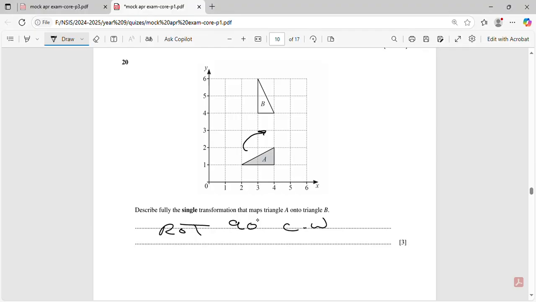So I will consider this is the line here. So the center, we have to assume it like the point that we find using the tracing paper, of course.